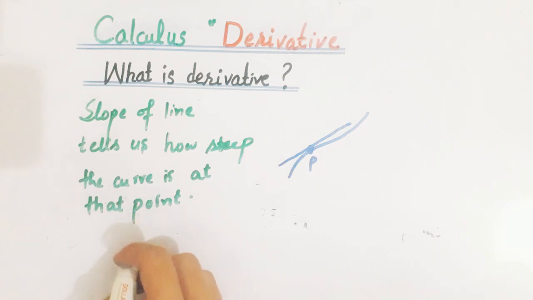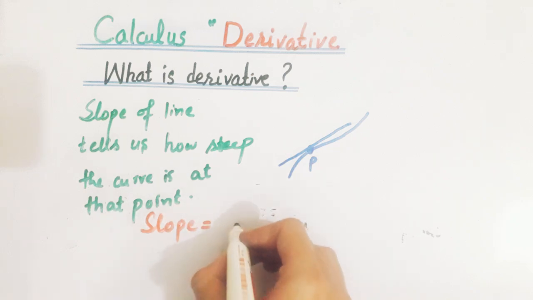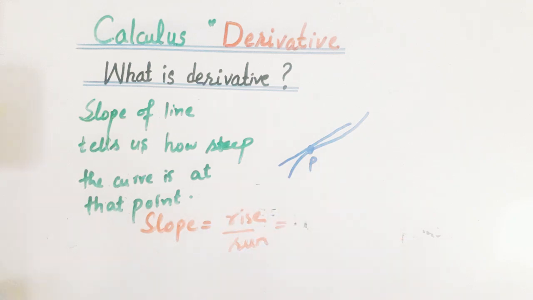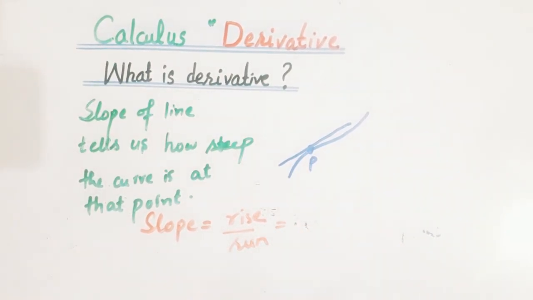So you can write slope equals rise by run, and this is called the derivative.